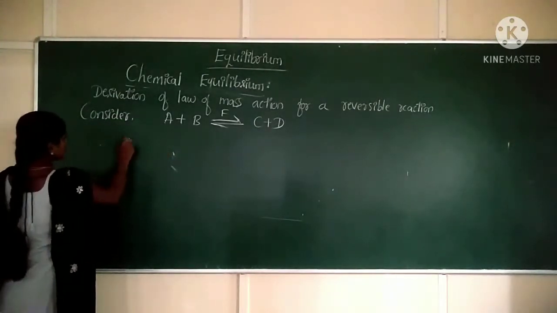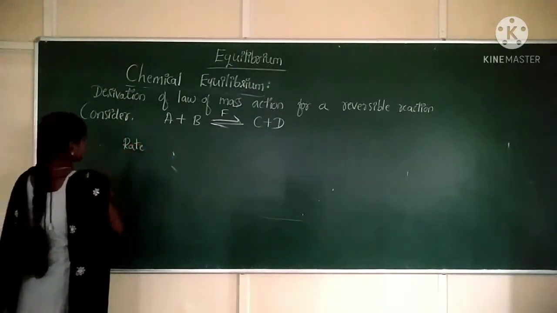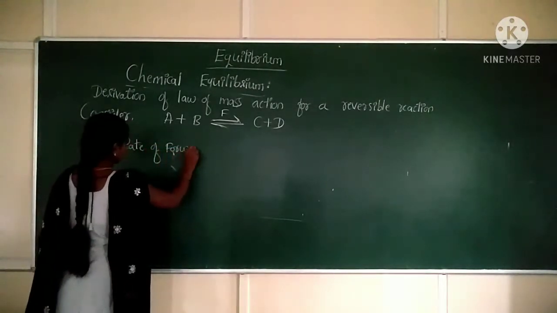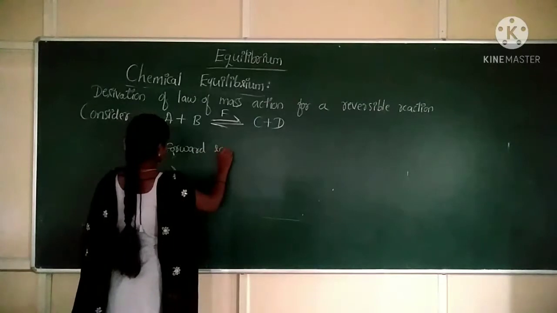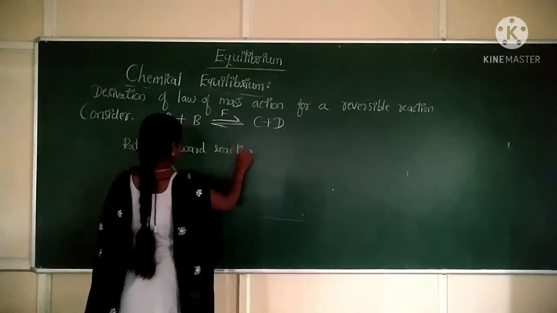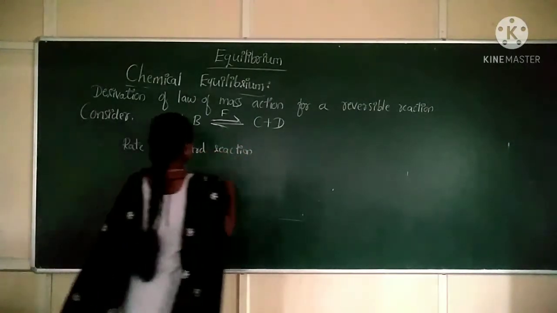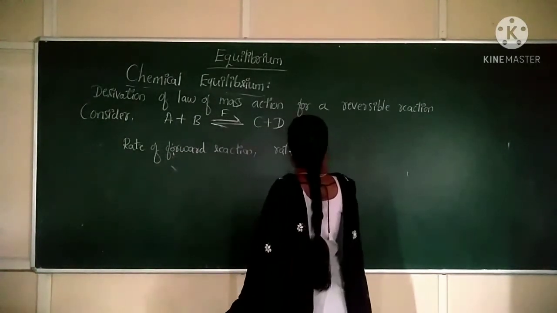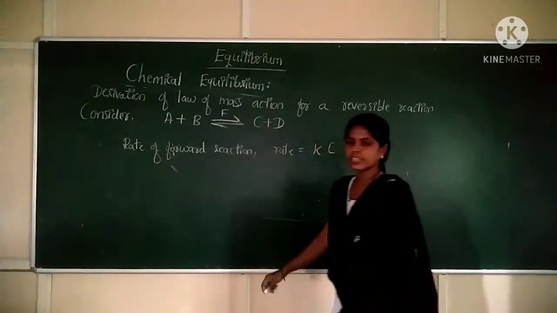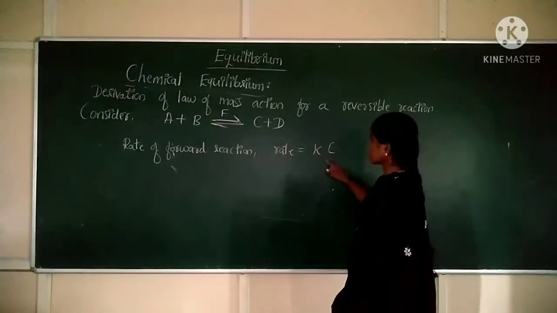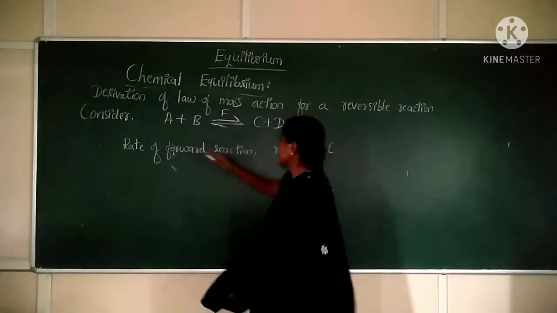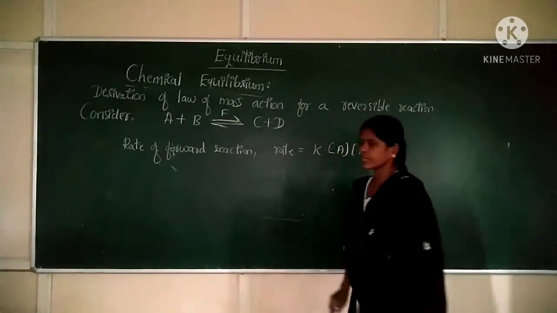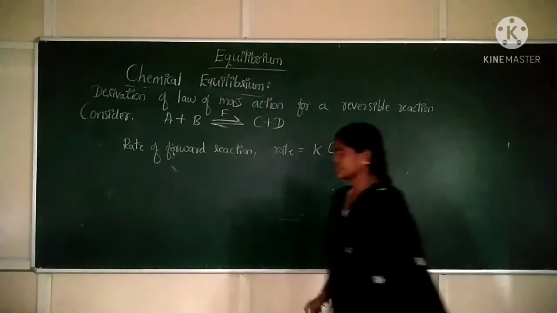The rate of the forward reaction is rate equal to K into the concentration of the reactants, A into B. Correct? So this is the rate of the forward reaction.